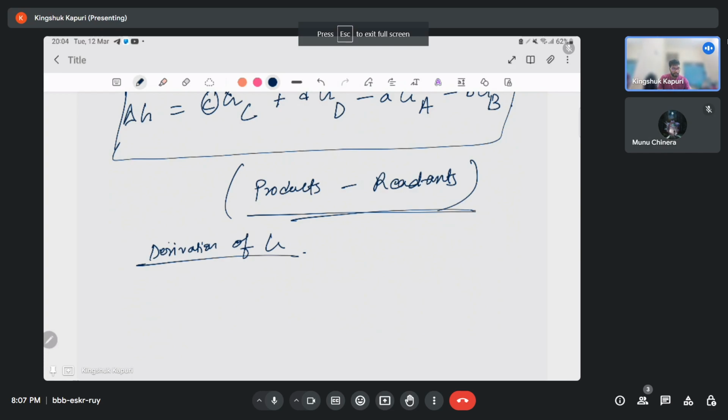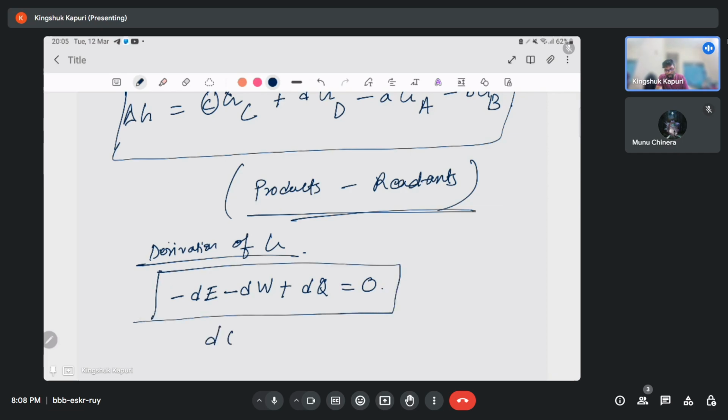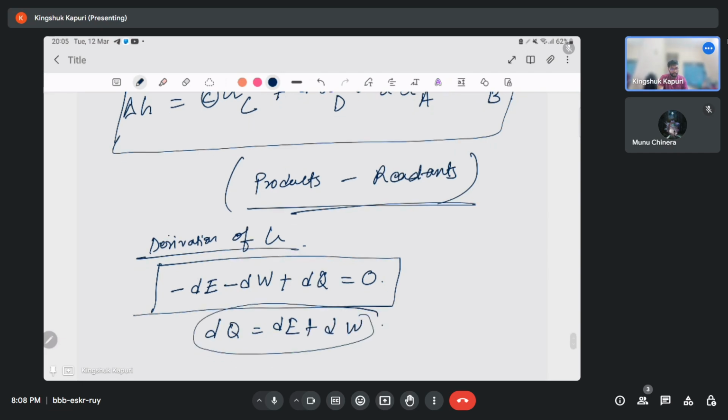Now the question is, if we want to derive the first law of thermodynamics from G, we know that minus dE minus dW plus dQ equals 0, because dQ equals dE plus dW, this term we know, right?